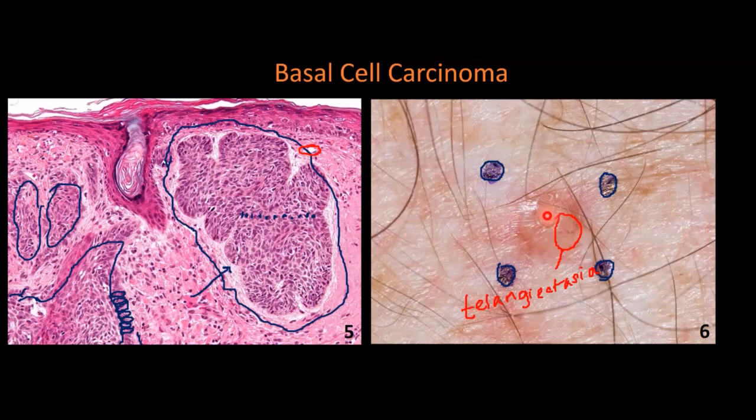This erosion in the center of the lesion can represent the necrosis that's occurring as the cells outgrow their blood supply. This central erosion or ulceration is commonly referred to as a rodent-like ulcer because it is supposed to look as if a rodent, like a rat, took a bite essentially out of the center of the lesion. So that's a fun fact that you can take away from this video.